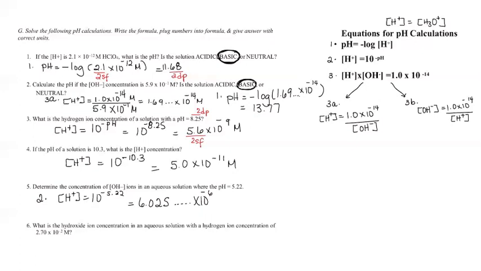So once I have this number, then in order to get OH concentration in my solution, I'm going to use equation 3b, which says that the OH concentration is going to be 1.0 times 10 to the negative 14 divided by the number that we obtained from using equation 2.